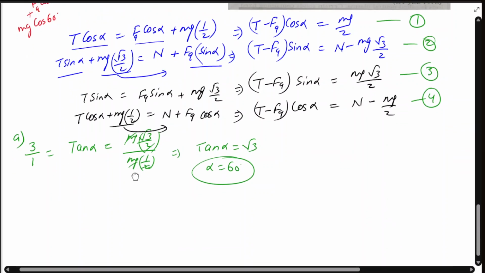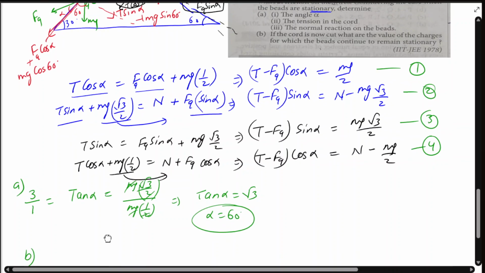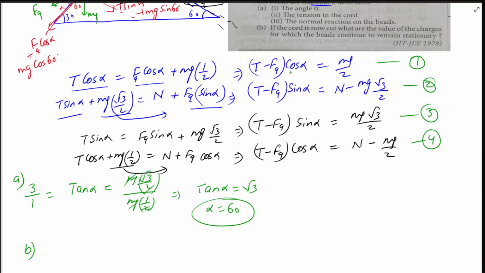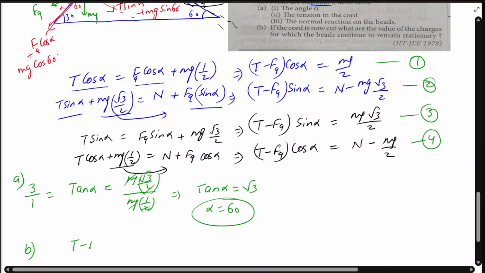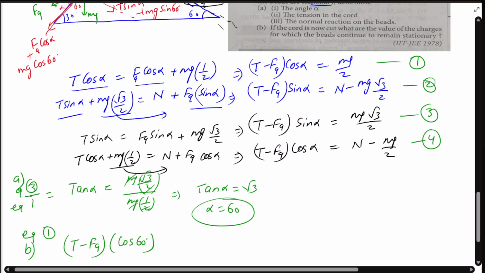So the second part, what will it be? In the second part we have to find the tension in the cord, right? I can just put alpha as 60 degree here and we will get it. So T minus FQ cos 60 degree, from equation 1, equals mg by 2.